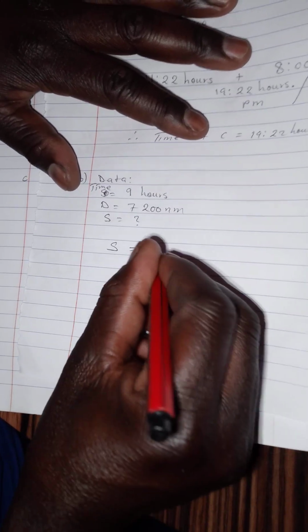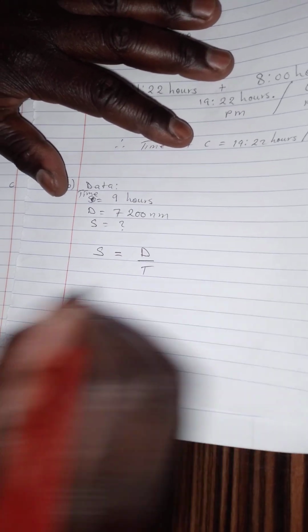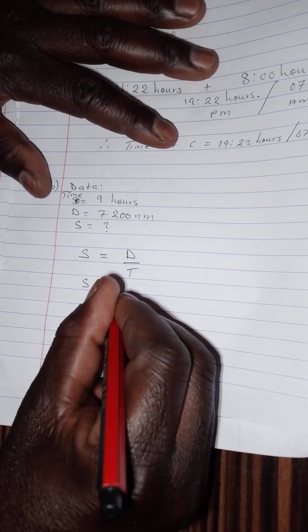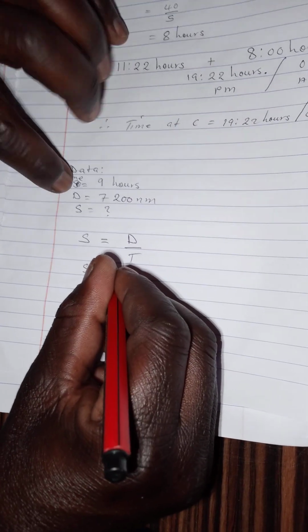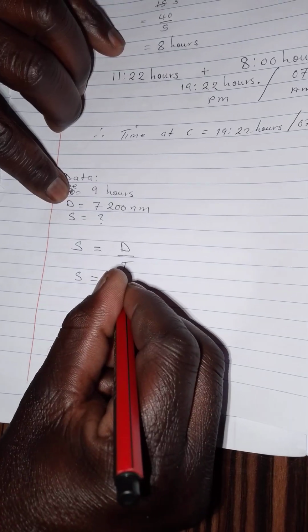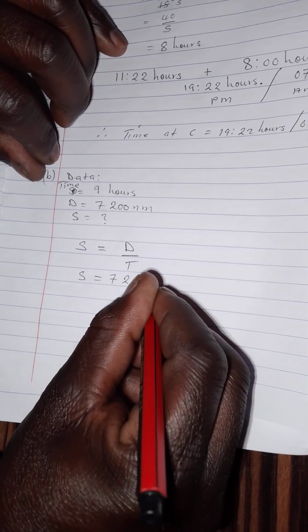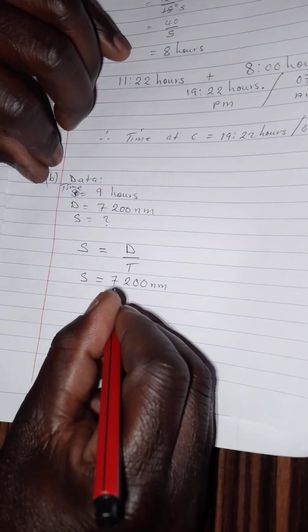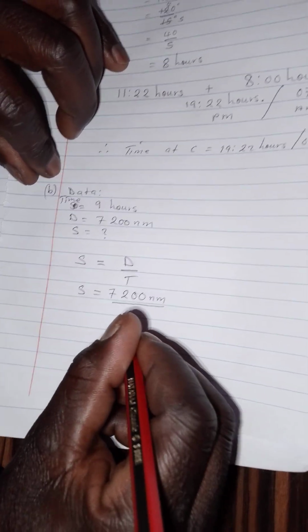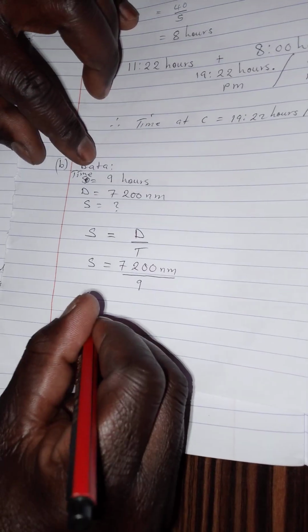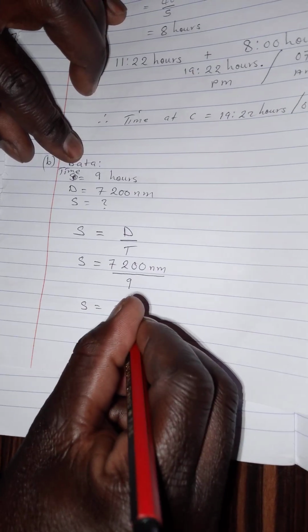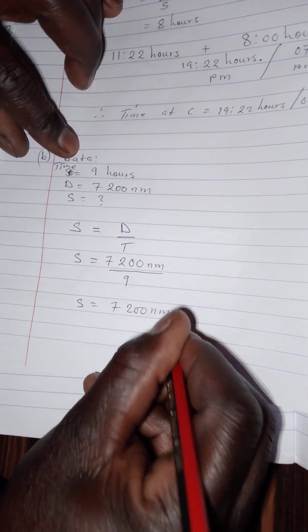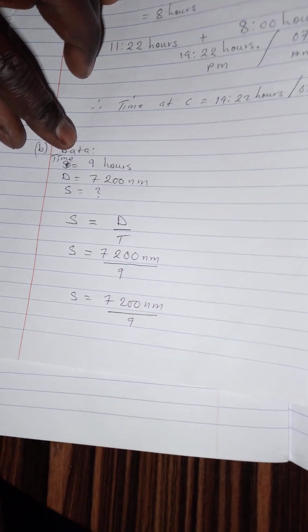Speed is equal to distance over time. Distance is 7,200 nautical miles divided by time, which is 9 hours. Speed is equal to 7,200 nautical miles over 9.